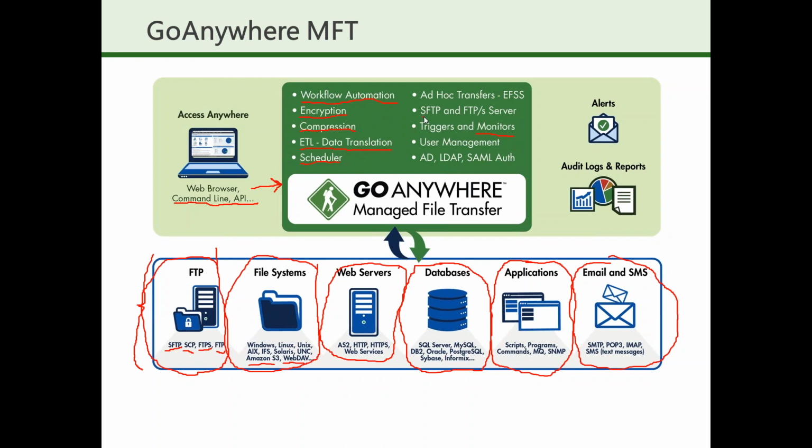Now you can also use our SFTP and FTPS server that's built into GoAnywhere to allow inbound connections from your trading partners. So they can connect into the product, and they can drop off files and pick up files from those folders that you authorize them to. So GoAnywhere has a full-blown user management system built in to let you set up your trading partner accounts, what folders they have access to, what IPs they can log in from, and so on.